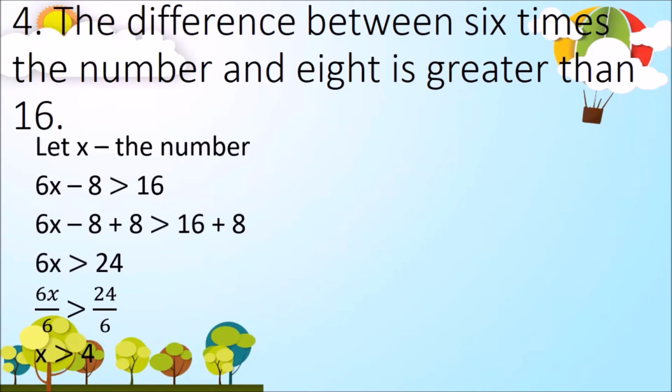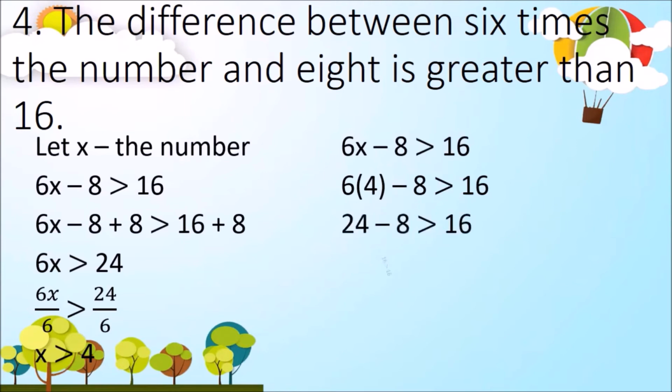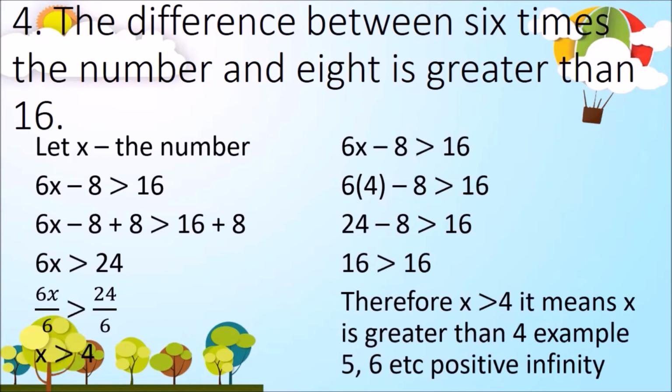So ibig sabihin, mas mataas sa 4, pwede siyang 5, pwedeng etc. So in 6x minus 8, nakita natin, 24 minus 8 ay 16, greater than 16. So hindi pwedeng 4 ang ating isa-substitute. So the possible is greater than 4, and that is 5, 6, and etc., or positive infinity.